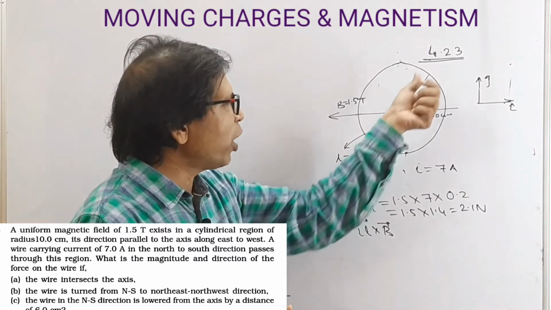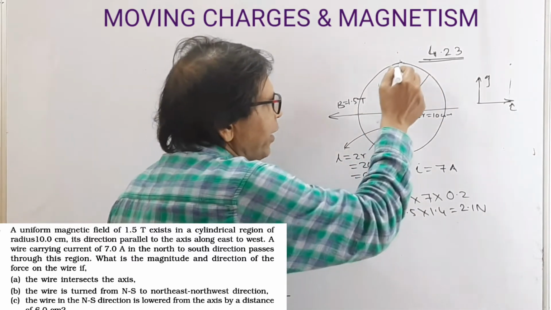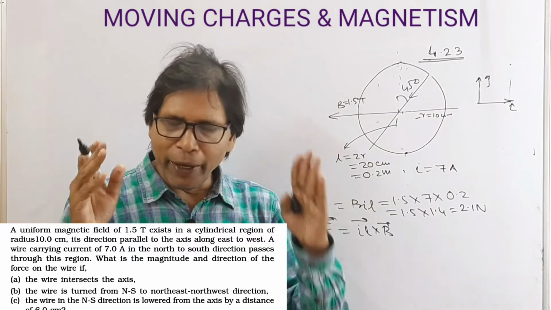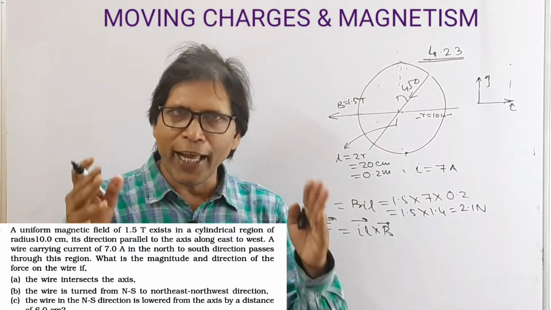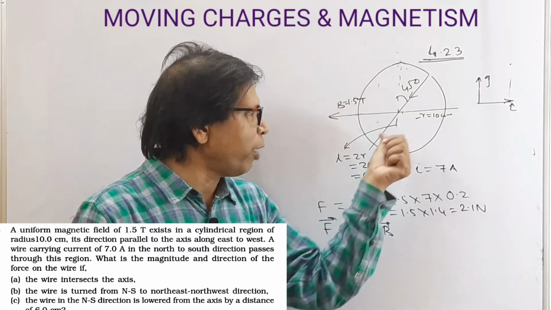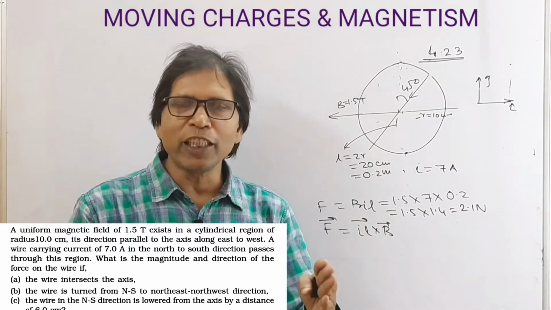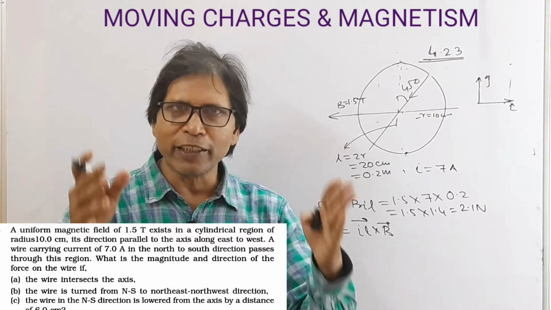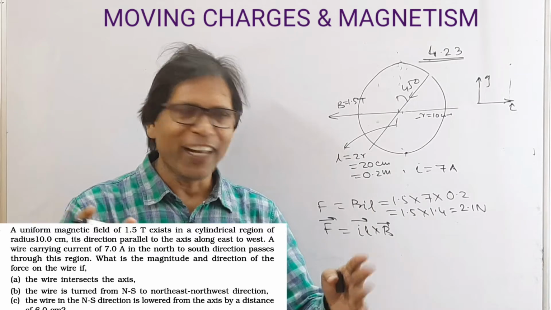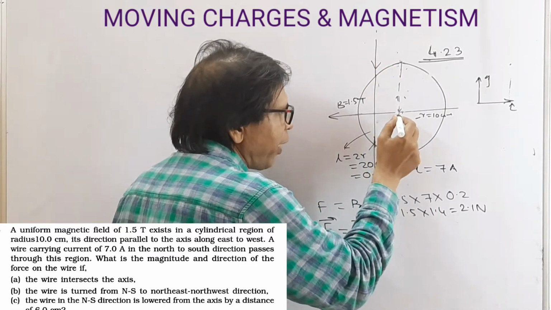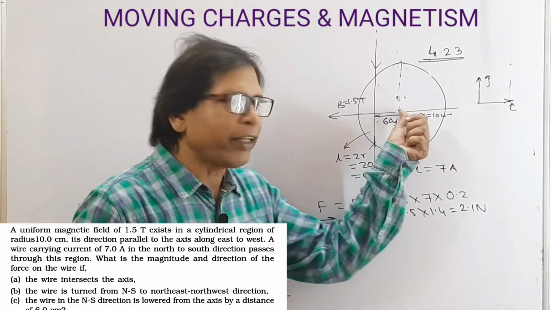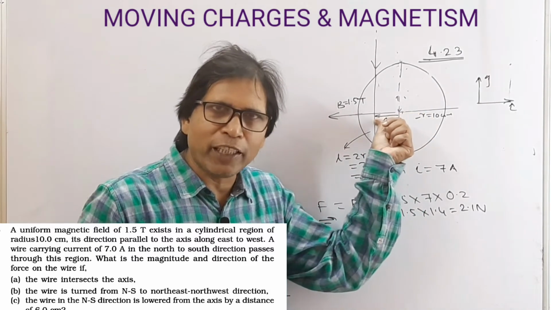Understood? Now the conductor changes direction by an angle 45 degree. As the magnitude of force depends on L sin theta, that is the distance between initial point and final point, and as the distance between initial and final point is the diameter, the force becomes the same. Okay? Now the conductor moves by a distance of 6 centimeter.